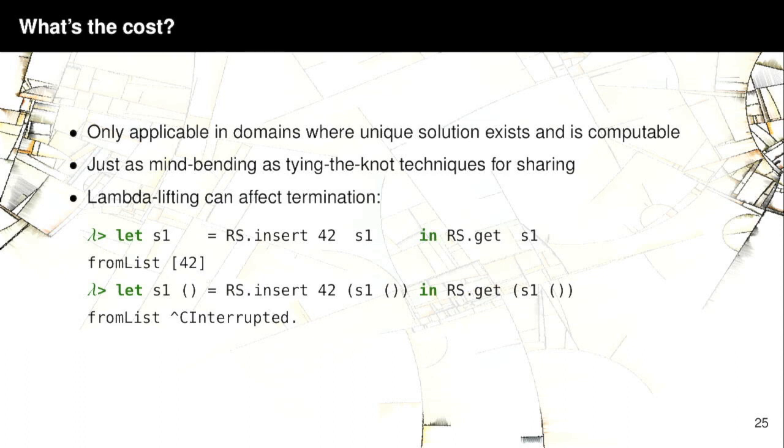Now, a transformation like lambda lifting is already a somewhat dangerous transformation because it can dramatically, meaning asymptotically, change the performance of your program if you lose sharing. So this is reassuring to me because it means the compiler will not just do that willy-nilly. But it is one of the problems, certainly, of this approach.